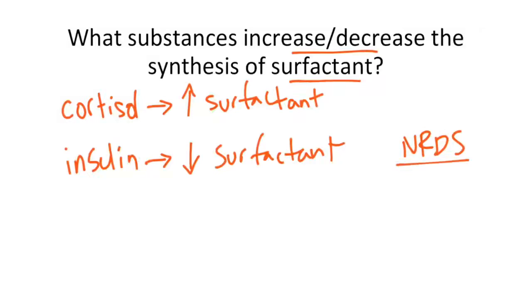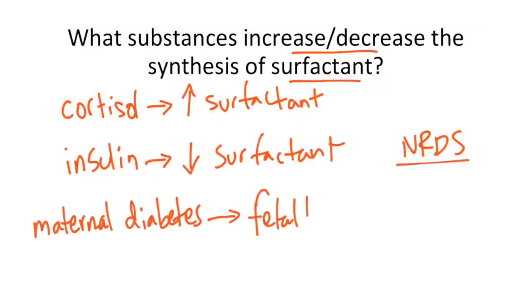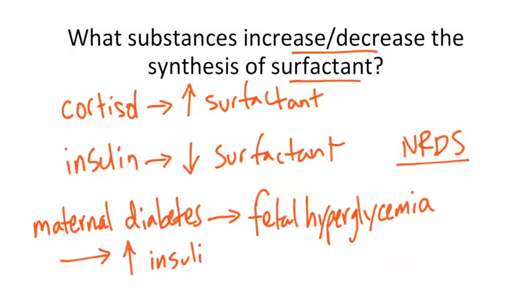So in summary, maternal diabetes results in fetal hyperglycemia, which results in increased production of insulin, which decreases surfactant. This is why the prevalence of NRDS is higher among infants born from women who have maternal diabetes.